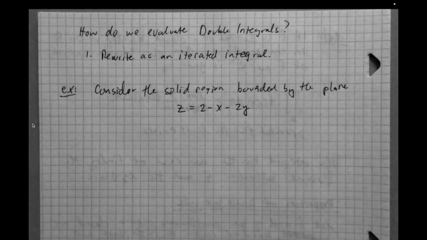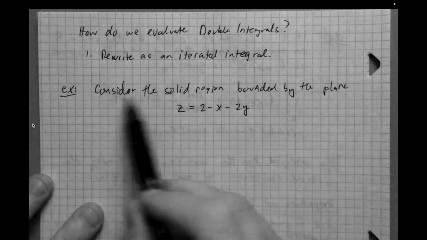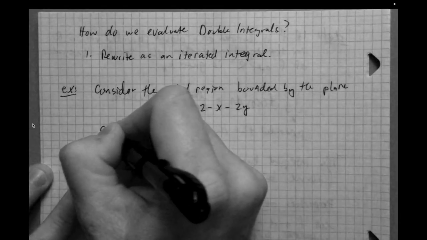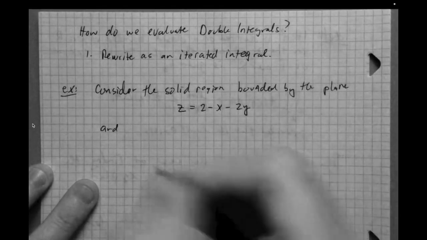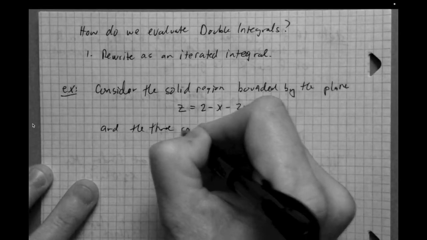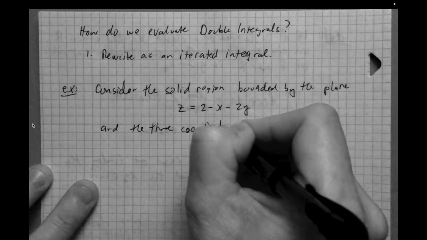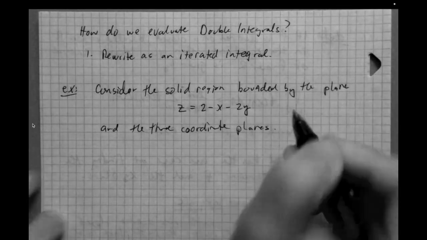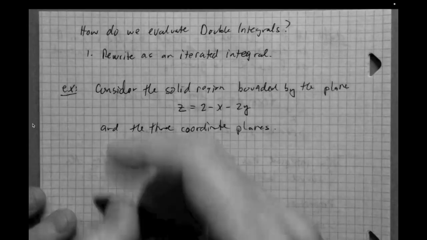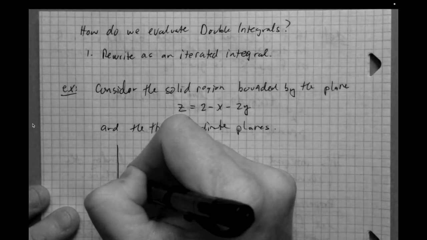So this is a plane in 3D space. It's not a coordinate plane, but we're going to consider the solid region bounded by this plane and the three coordinate planes. Don't worry, I'm going to draw a picture in a second. Okay, so this is the setup. Let me draw a picture of what this looks like.